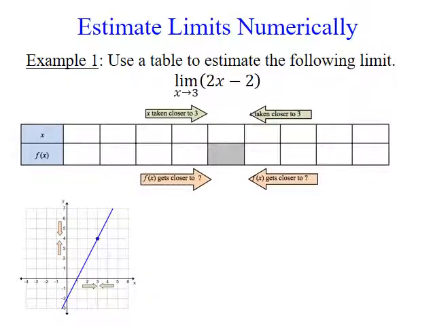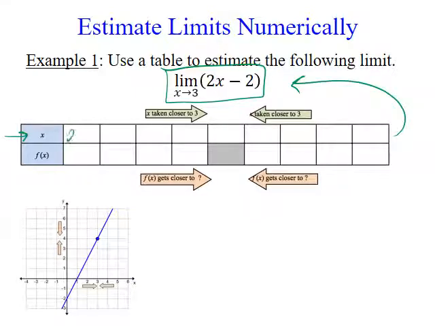So what we're going to do is we are going to use a table to estimate a limit. And here is your first exposure. We want to find the limit of 2x minus 2 as x gets closer to 3. So we are going to make a table of x values that are getting closer and closer and closer to 3, and we are just going to plug those into our function.